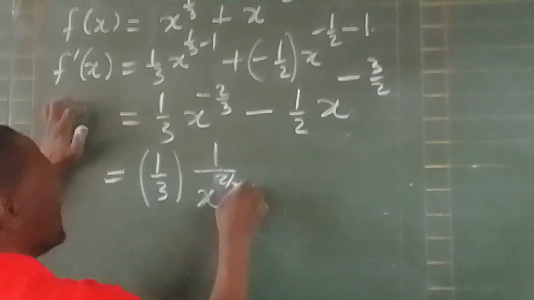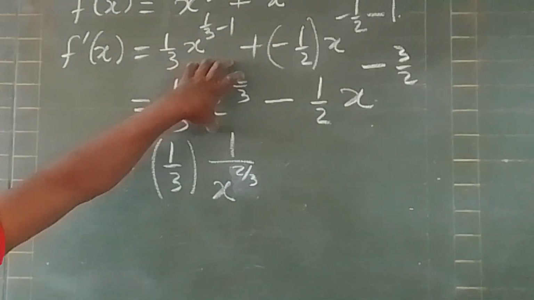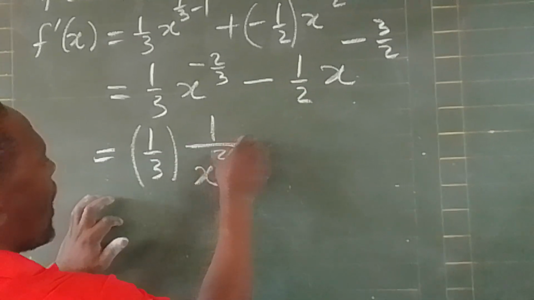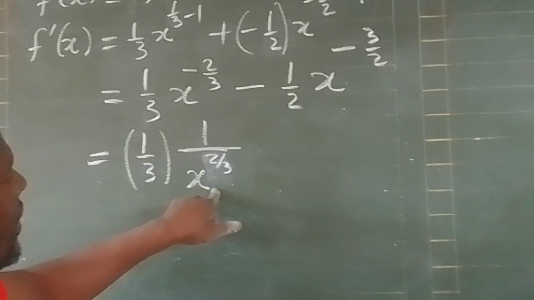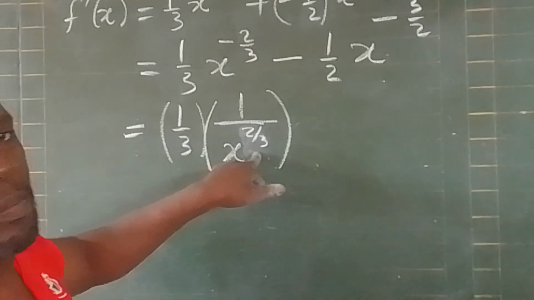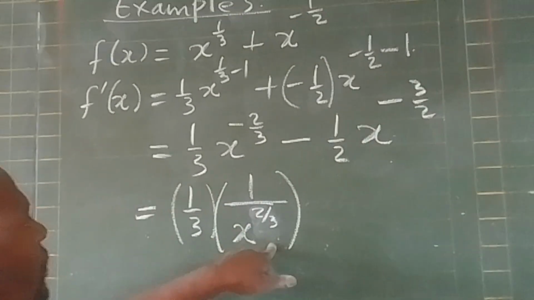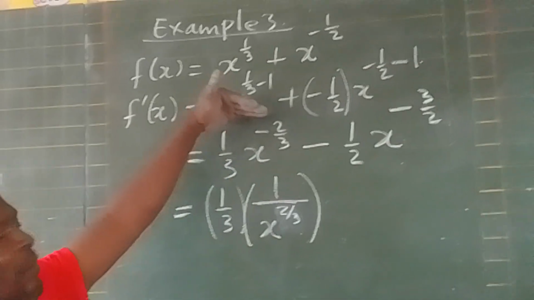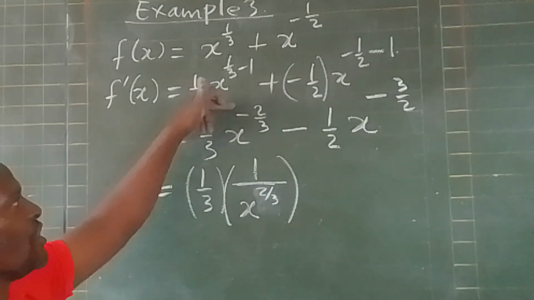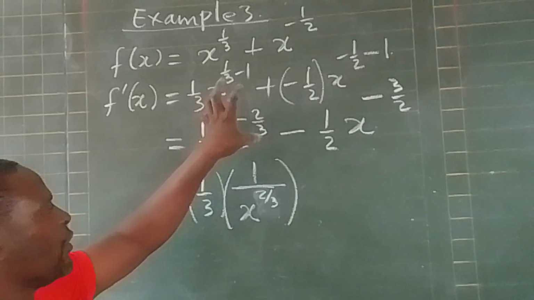I have taken this number from the numerator to the denominator and say 1 over x to the power positive 2 over 3. It was negative when it is in the numerator. When you bring it down to the denominator, you change the sign of the exponent.